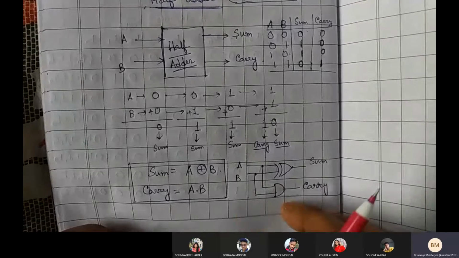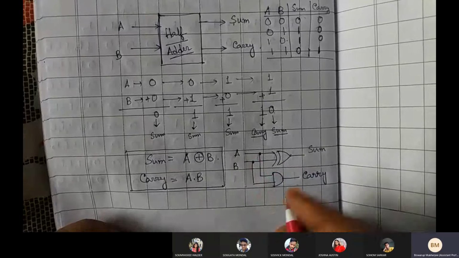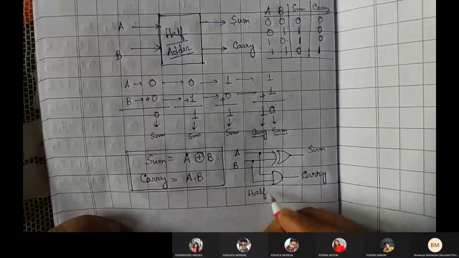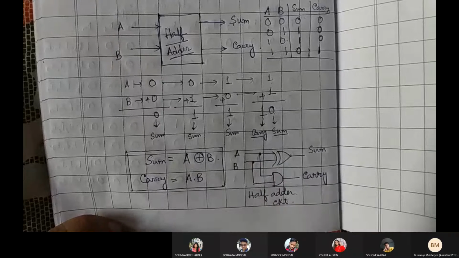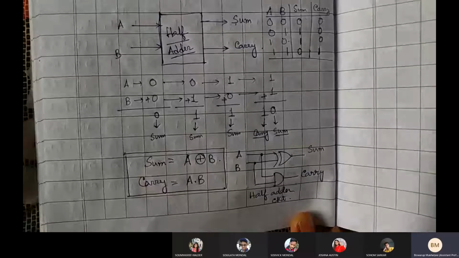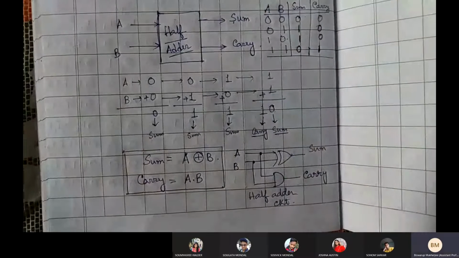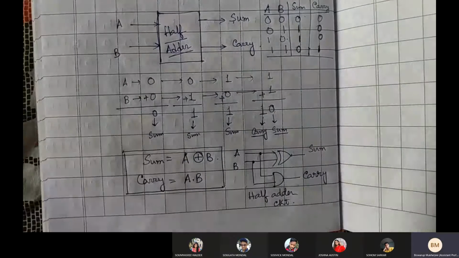Okay, as simple as that. This is a simple half adder circuit. It is a half adder circuit. Okay. Now, is that clear? This half adder, how it works? It's very simple. Yes, sir.